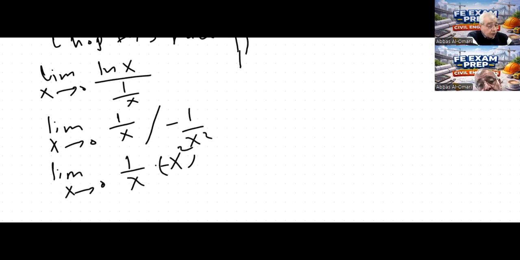So this becomes 1 over x multiplied by x squared, minus x squared. I just moved the denominator up, so it becomes minus x squared.